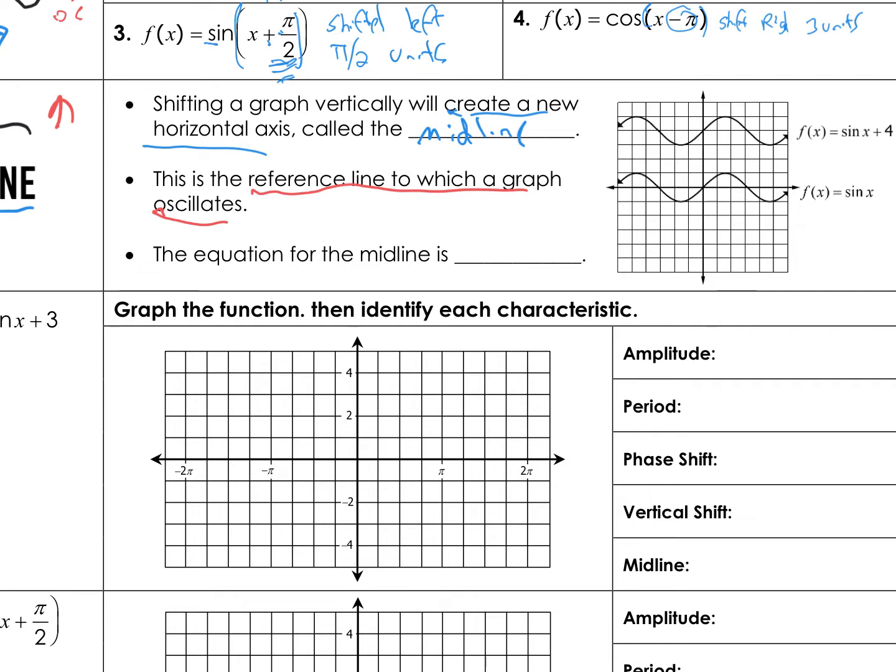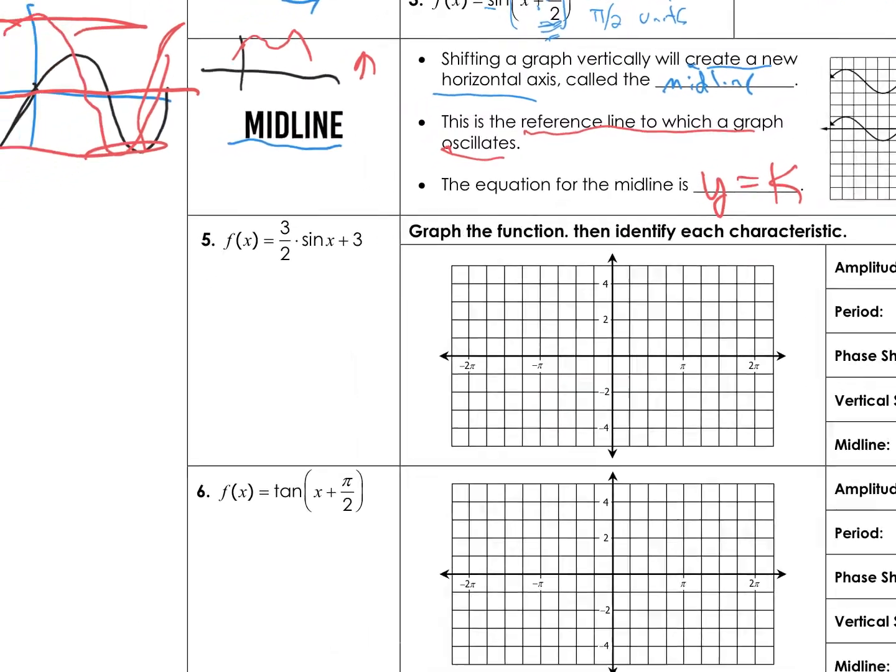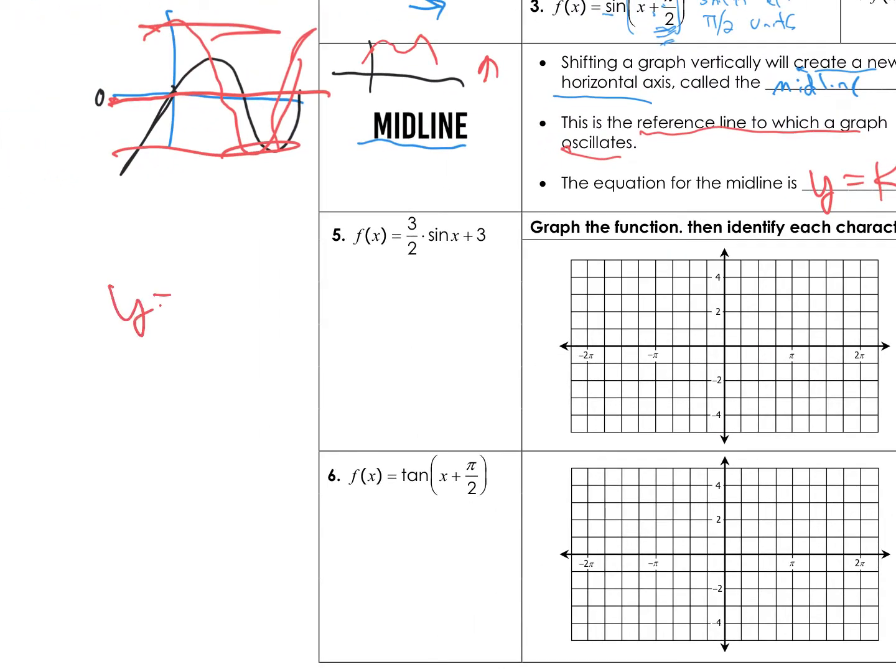that y equals k would be the equation of your midline. You know, the other day when we were just graphing y equals sine of x, well, that's not much of a mystery.